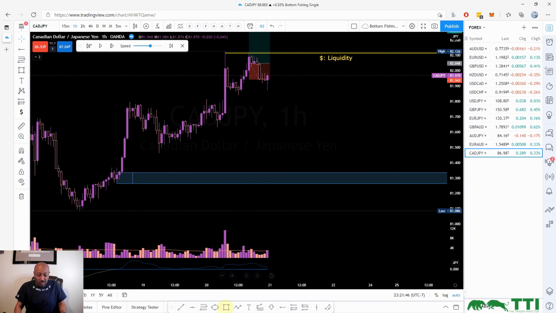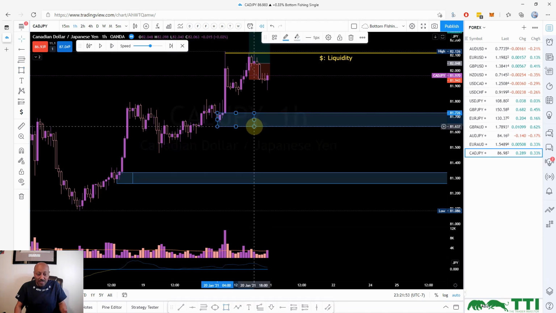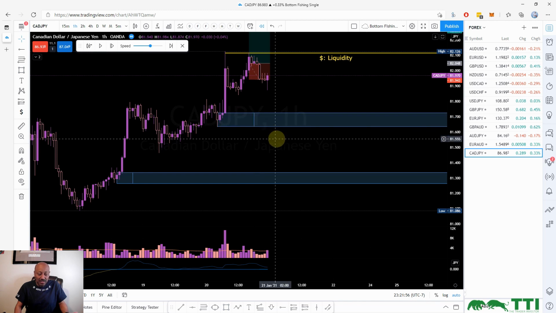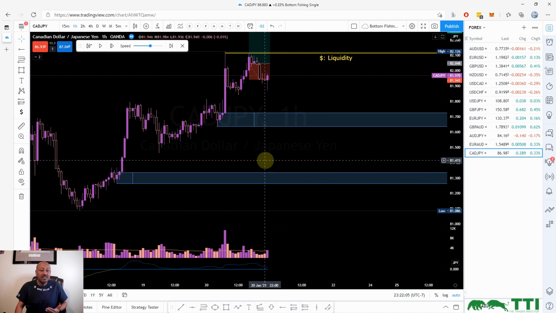So as an order block, now if we're looking at the hourly, because we're going to trade out of the 15 minutes, as I mentioned earlier, this is just an example of how we can enter them. But I usually use the daily, and for the order blocks, the daily will show me where my area of value is, and then I use the hourly for that break of structure to enter.